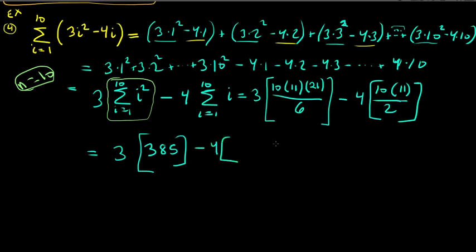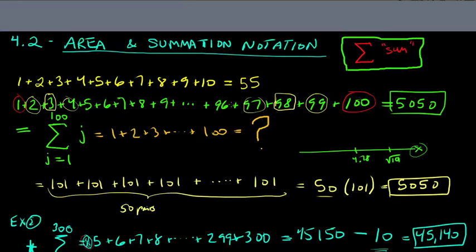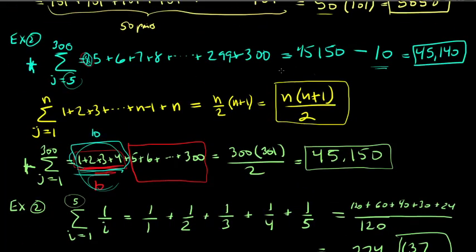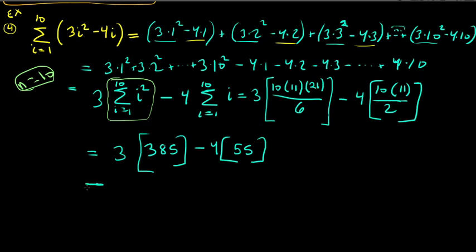Minus 4 times, so 5 times 11 is 55. In fact, that was the very first example we did, way up here. The first 10 numbers is 55. Sorry to make you dizzy, but I just wanted to remind you of that. And that's how we got this very quickly. So we're still not done. We've got to multiply 3 times 385.